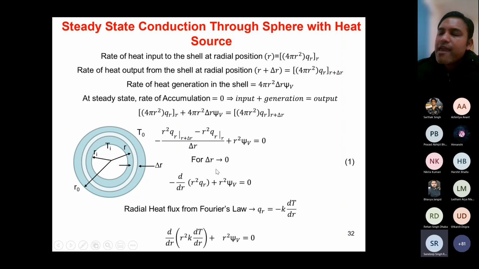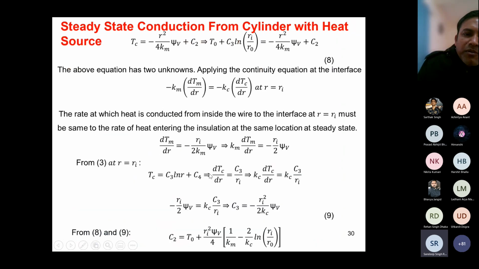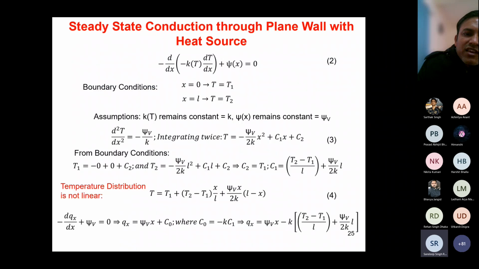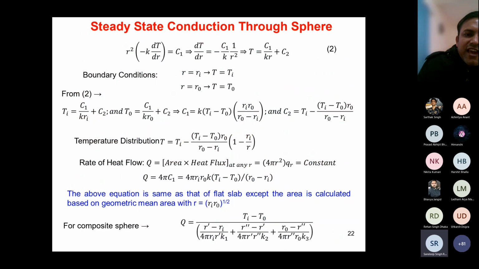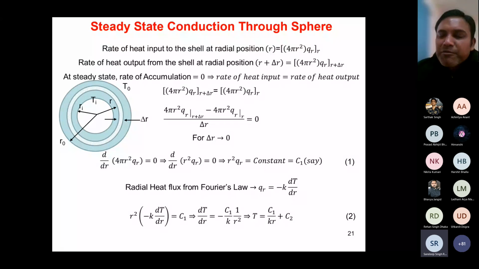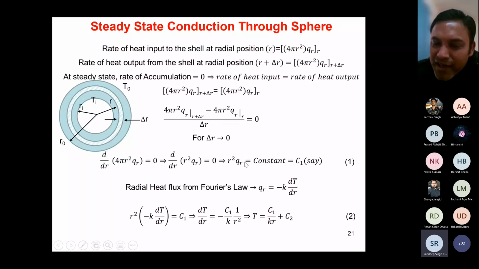So this equation is same as the equation which we have obtained earlier for this case, except there is a plus R square psi V term here in this equation.